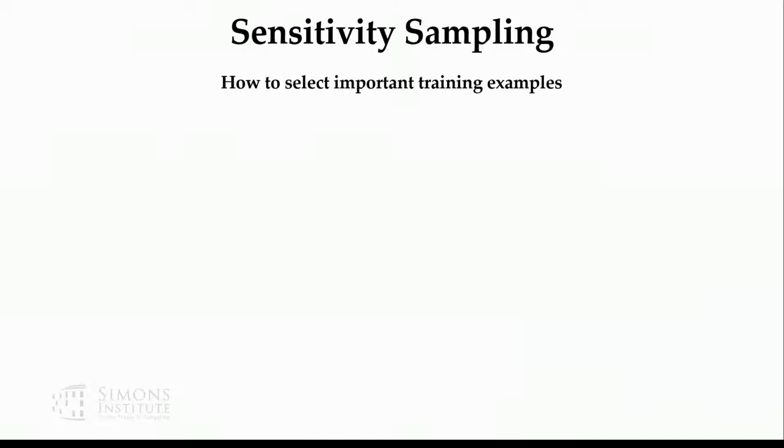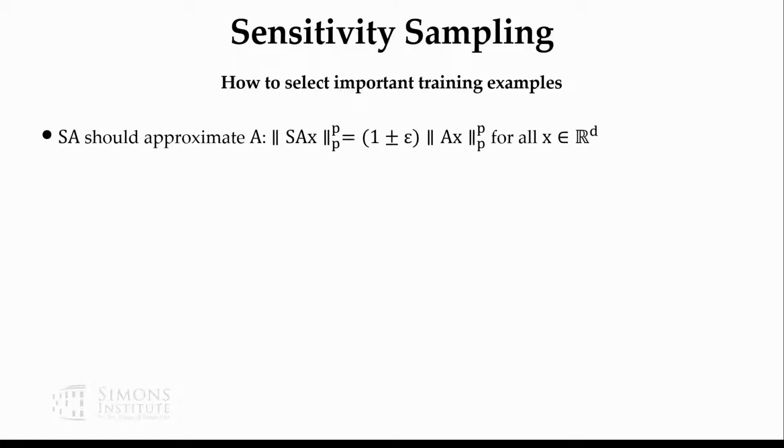Well, sensitivity sampling gives you a natural way of choosing important training examples. Okay, so what is that? Well, what's one property we would like? We would like that SA, this small subset of reweighted rows of A, approximate A in the sense that for all vectors that A acts on, for all x, the p-norm of SAx is within 1 plus or minus epsilon of the p-norm of Ax.